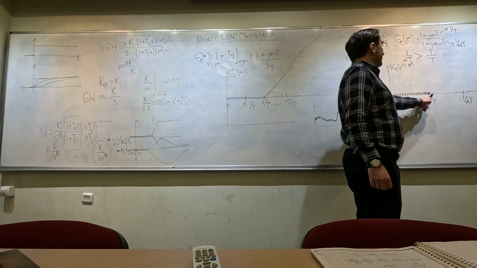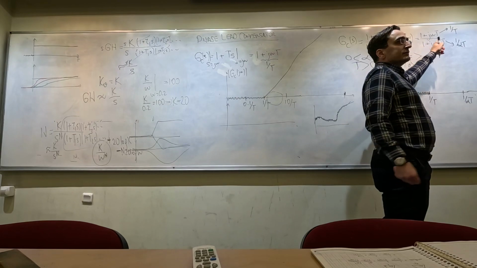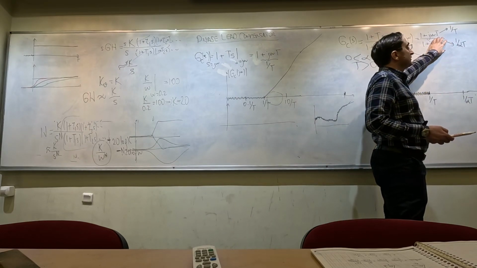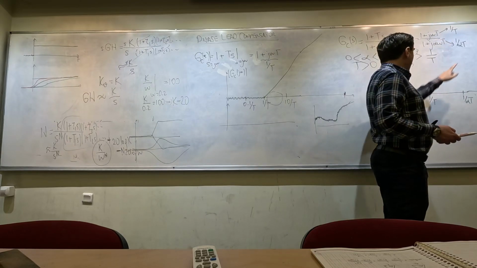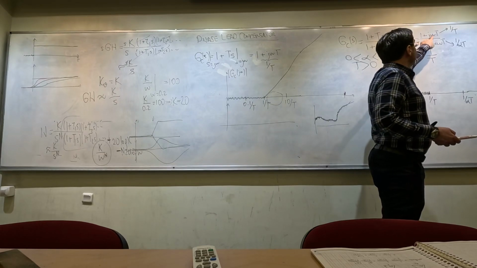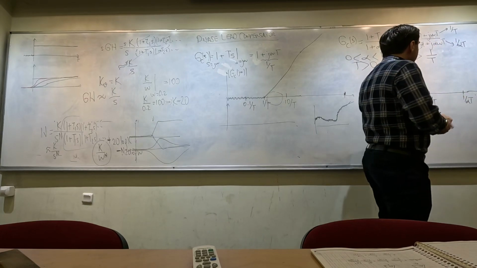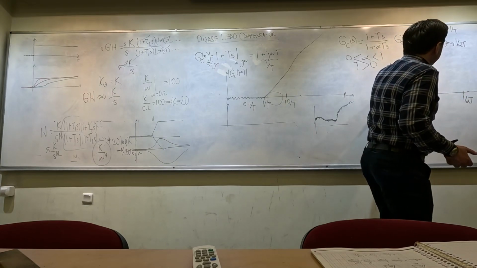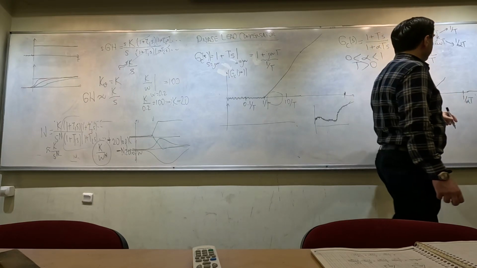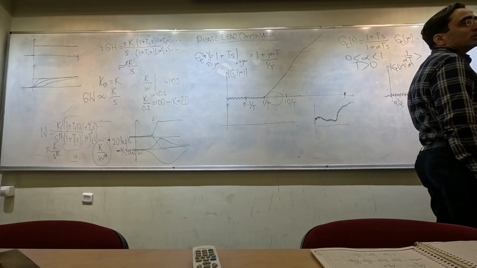At this frequency, we still haven't reached the corner frequency of the pole, so the pole-related term is still remaining at 1. But for the zero-related term, the j omega T part becomes active now. That means we are going to increase the magnitude with a 20 dB per decade slope, until we reach the corner frequency of the pole.